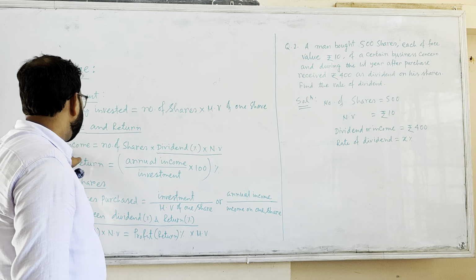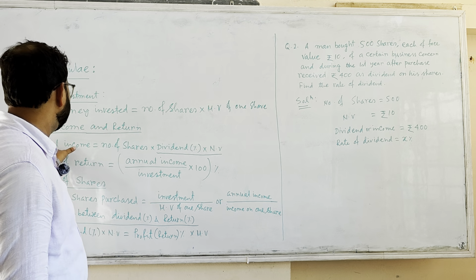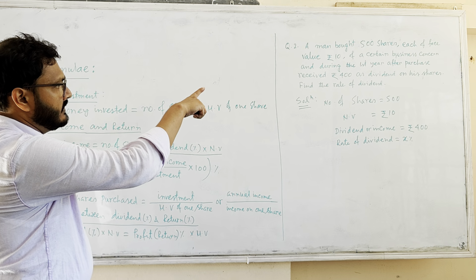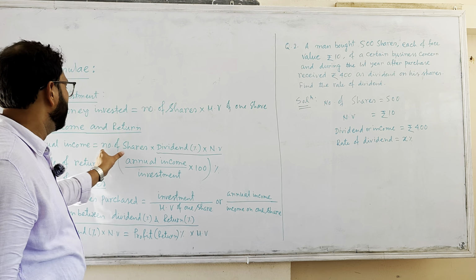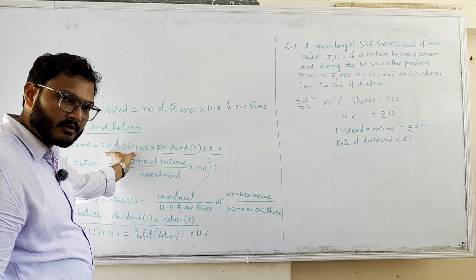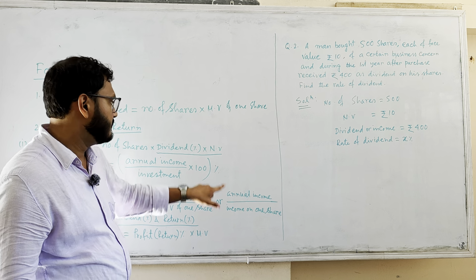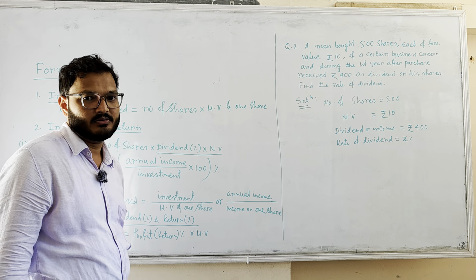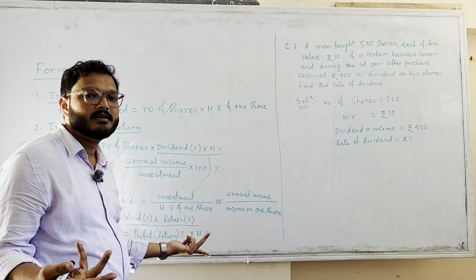The annual income is given, 400 as dividend. The dividend percentage is unknown, and the nominal value is known. So we will apply this formula and find it out.